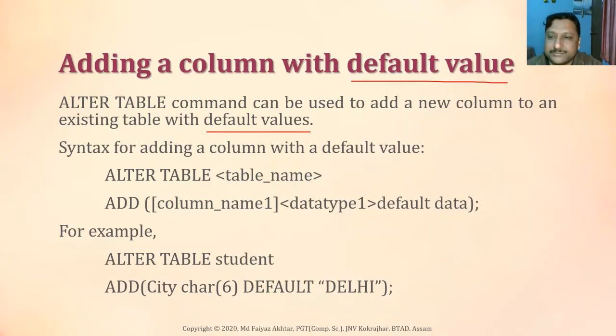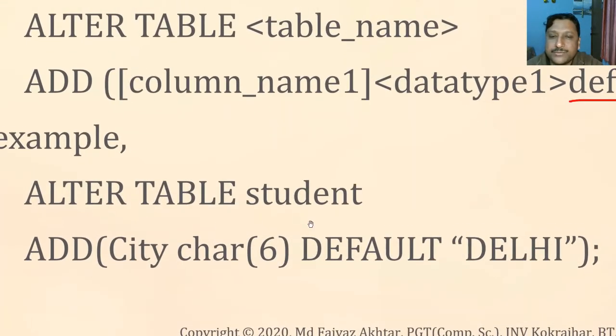The syntax is: alter table, table name, then add, column name, data type, and then the keyword default, followed by any value. For example, alter table student add city varchar 6, a new column city is added, and the default keyword is given with the word Delhi. Suppose the student table contains 10 rows.